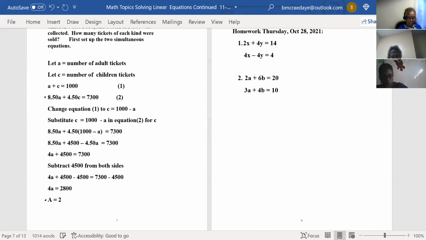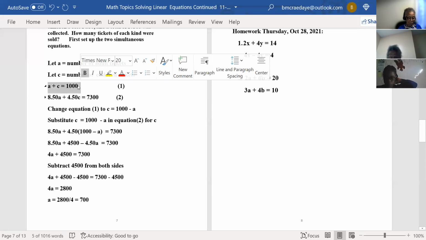So 2,800 divided by 4 is 700. So the number of adult tickets is 700. So how many children's tickets were sold? 300. That's right, because A plus C is 1,000.